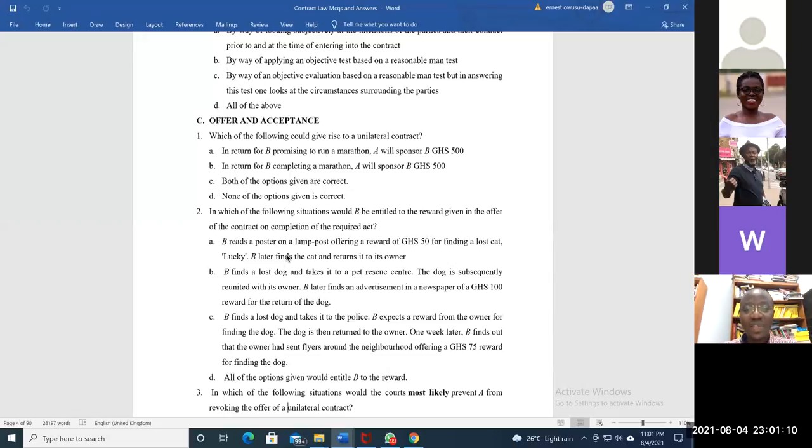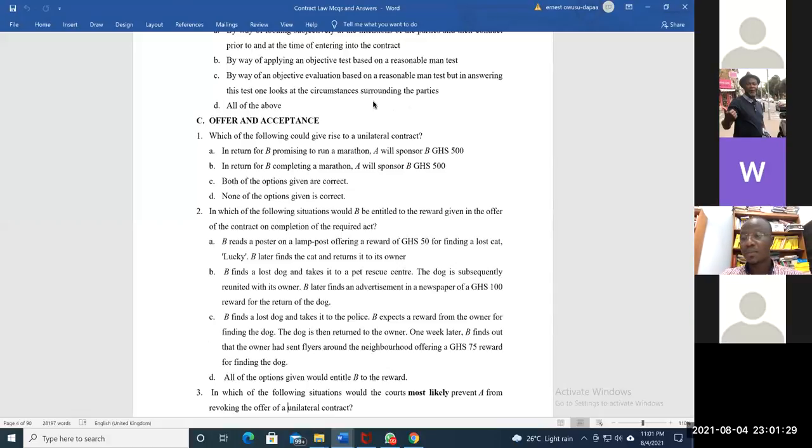All right, thank you, Emmanuel. Let me take another person. Barrister, your hand was up. Yes, thank you. What I recall about the two is that in the case of bilateral contract, as the name implies, there's a promise or an offer, and then some acceptance, or there's a kind of exchange of promises between the two parties.